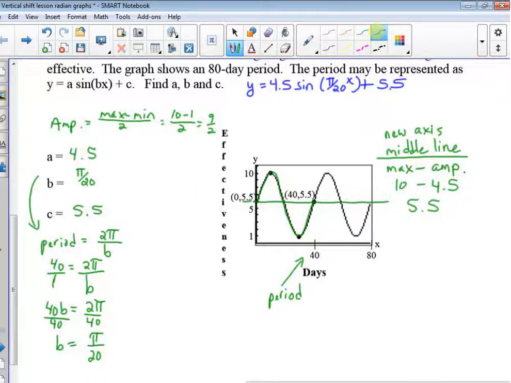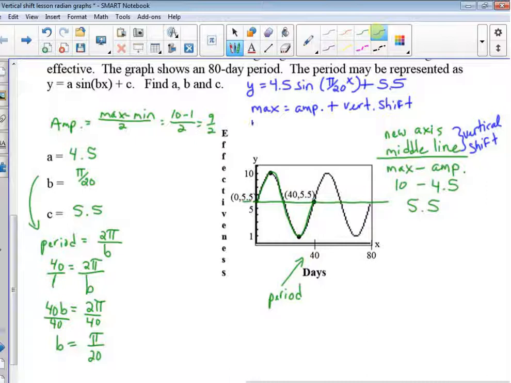If I was looking at that equation and I wanted the maximum value, for whatever reason, if I was going to try to graph it myself, the maximum value is equal to the amplitude plus the vertical shift. Because to find that vertical shift, I took the maximum value minus the amplitude, so that should make sense.